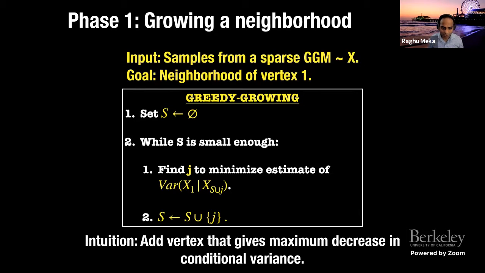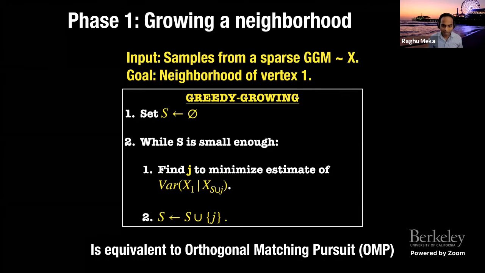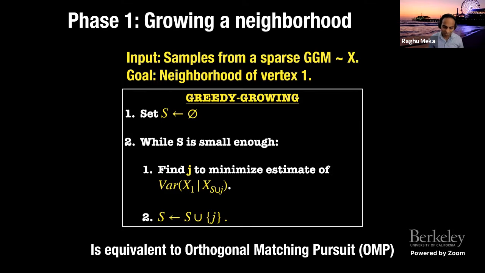So this is similar to what's been done for discrete graphical models, but the potential is, I think, simpler here and different. And as it turns out, somewhat surprisingly, this method is actually equivalent, if you're familiar with the compressed sensing literature, minimizing this conditional variance is actually equivalent to orthogonal matching pursuit.